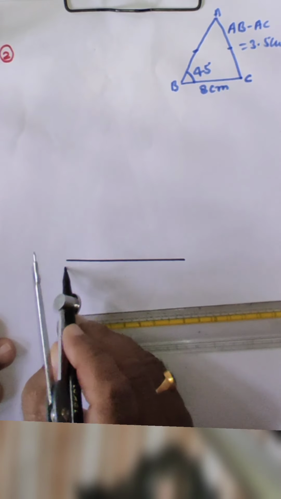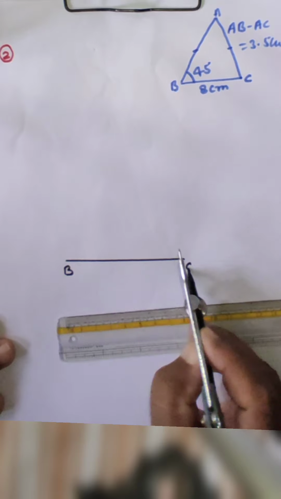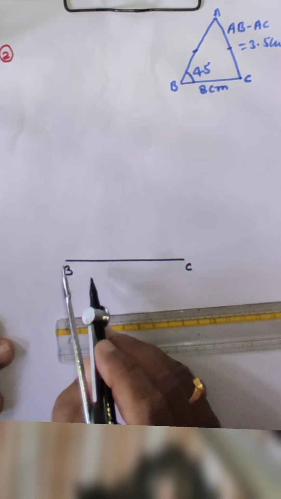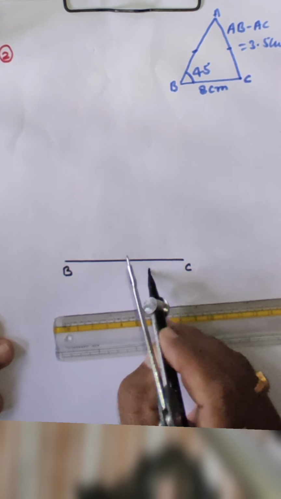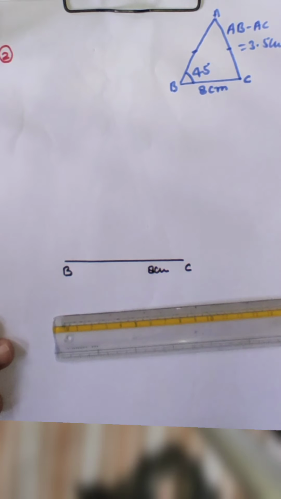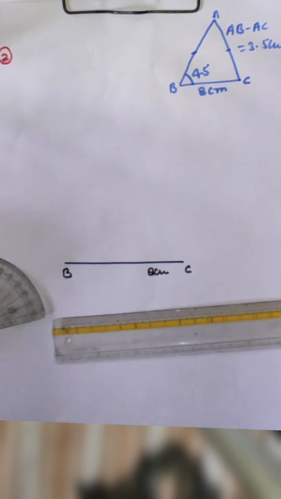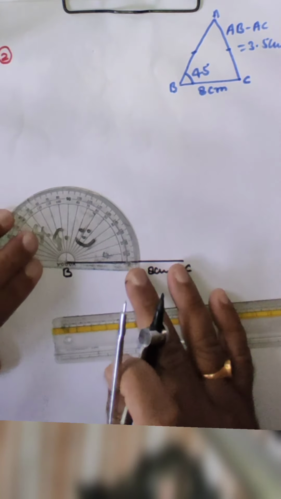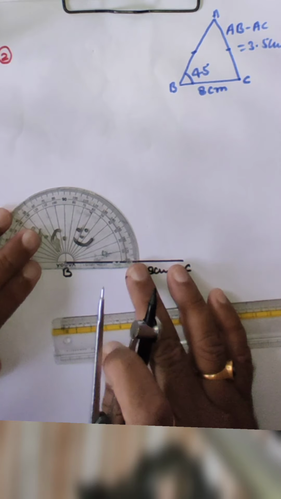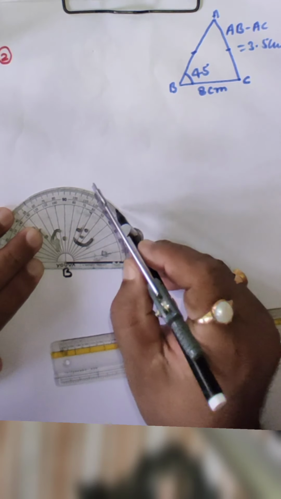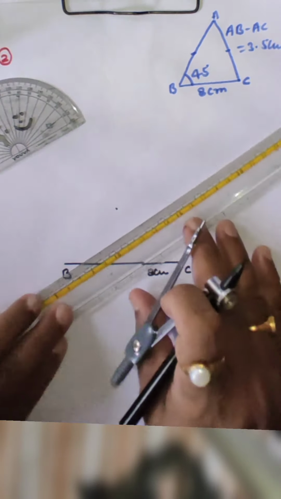That is BC equal to 8 centimeter. Now we will construct the angle of 45 degree at the point B. Here I am constructing the angle of 45 degree with the help of protractor.